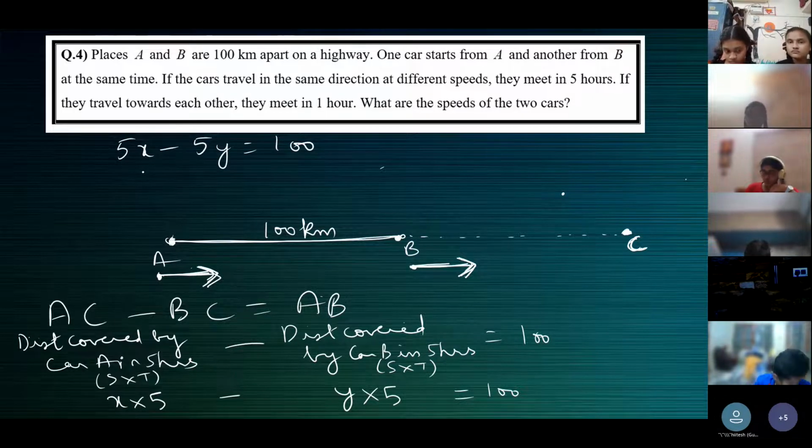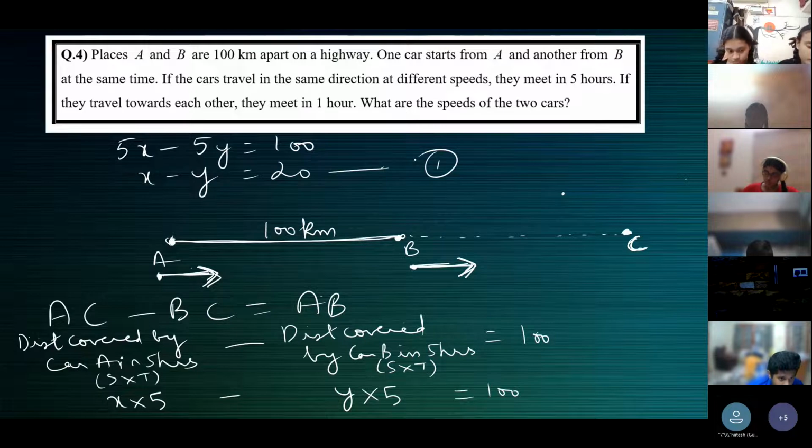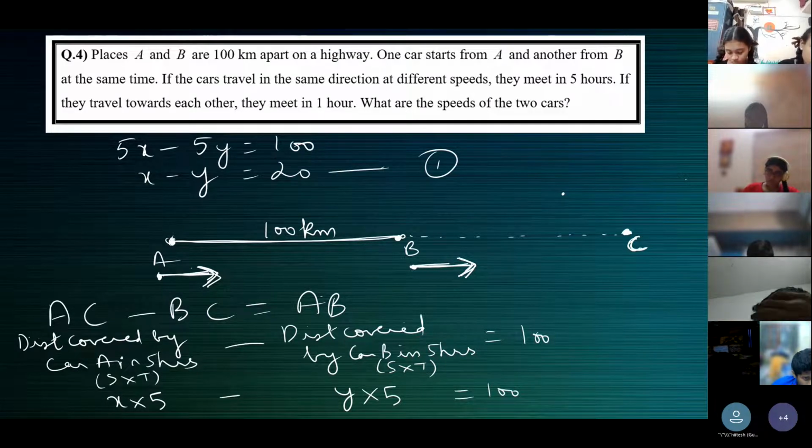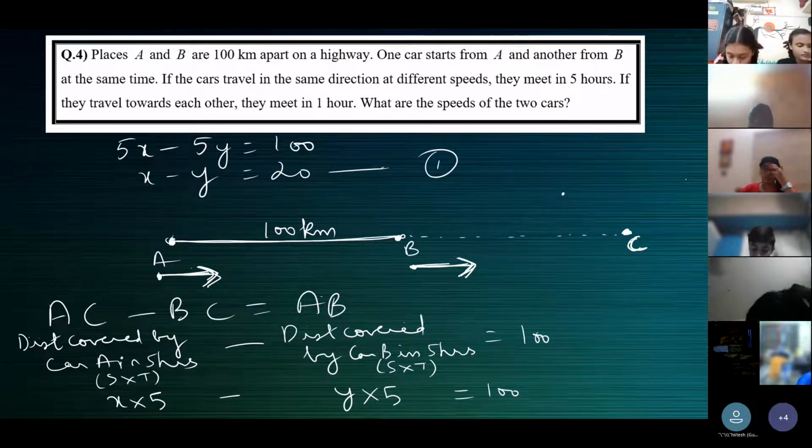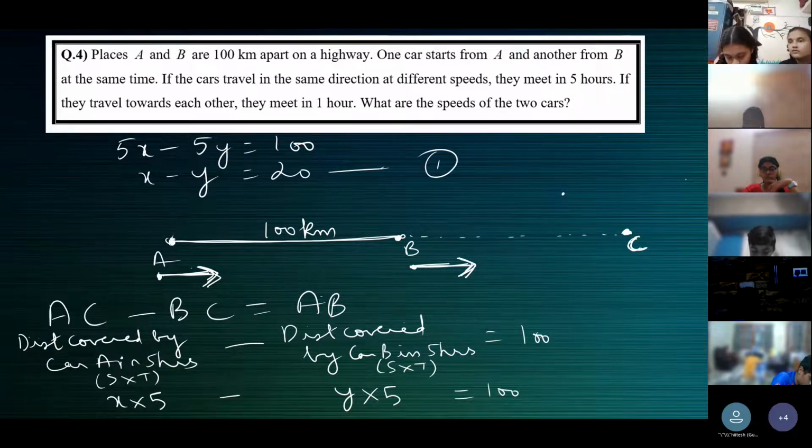On dividing by 5 throughout, you will get x minus y is equal to 20. This is the first equation. Have to clear the slide, children. Please write on that. 5x minus 5y is equal to 100. x minus y is equal to 20.